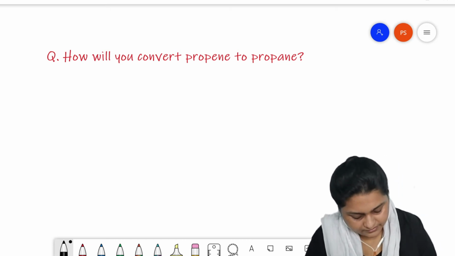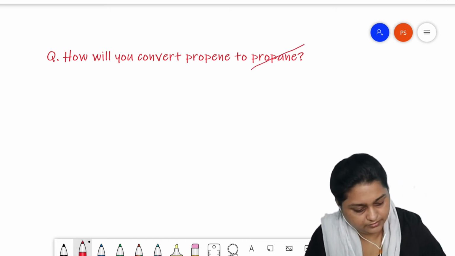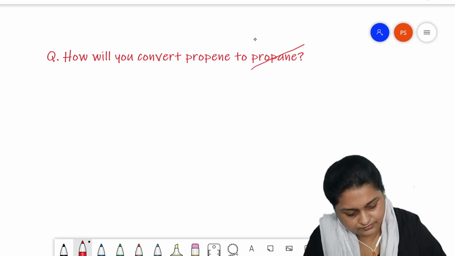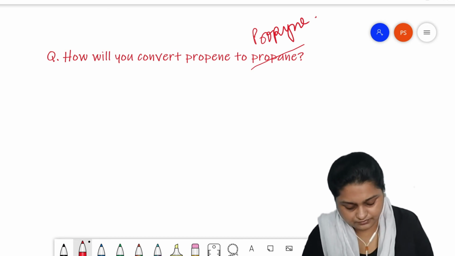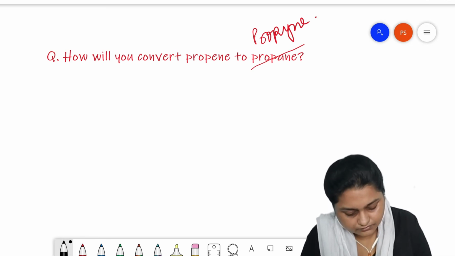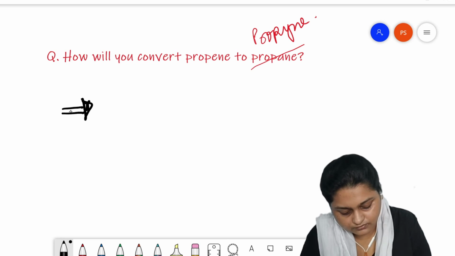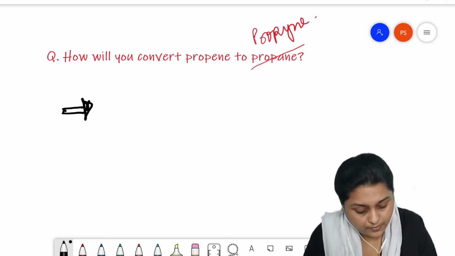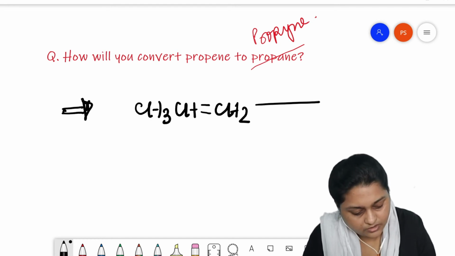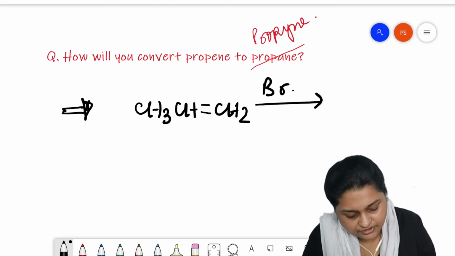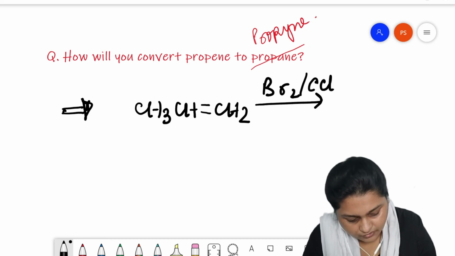How will you convert propene to propyne? Sorry, a writing mistake had occurred. This will be propyne. Now this is propene, CH3CH double bond CH2. At first it will be treated with Br2 in CCl4.